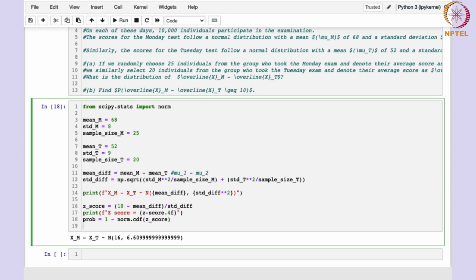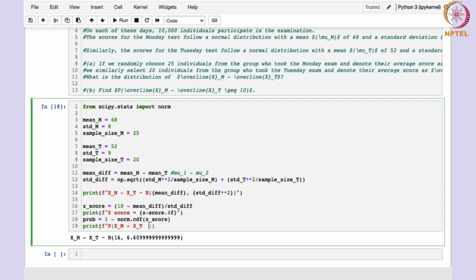Let us see. Print: probability that xm minus xt, in fact it should be xm bar. Here we have not displayed that, we are just writing xm. It should be the mean difference of the two means.